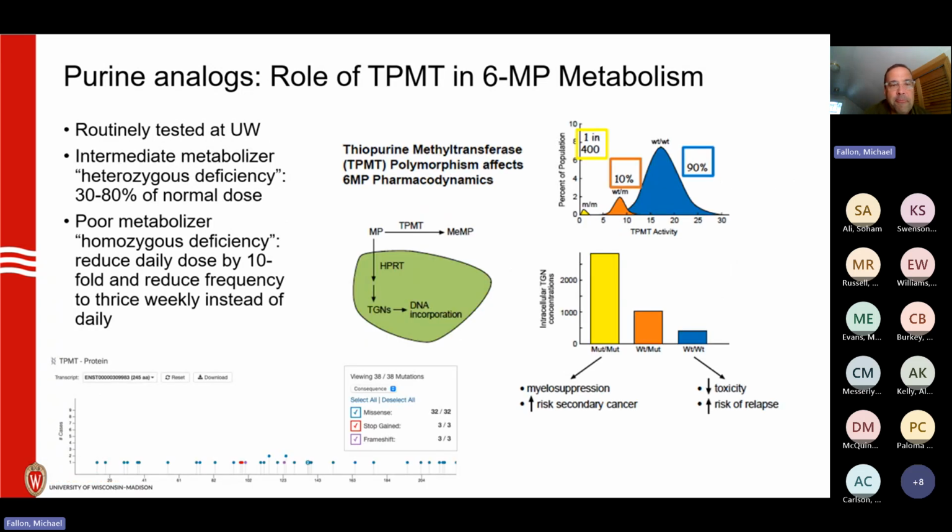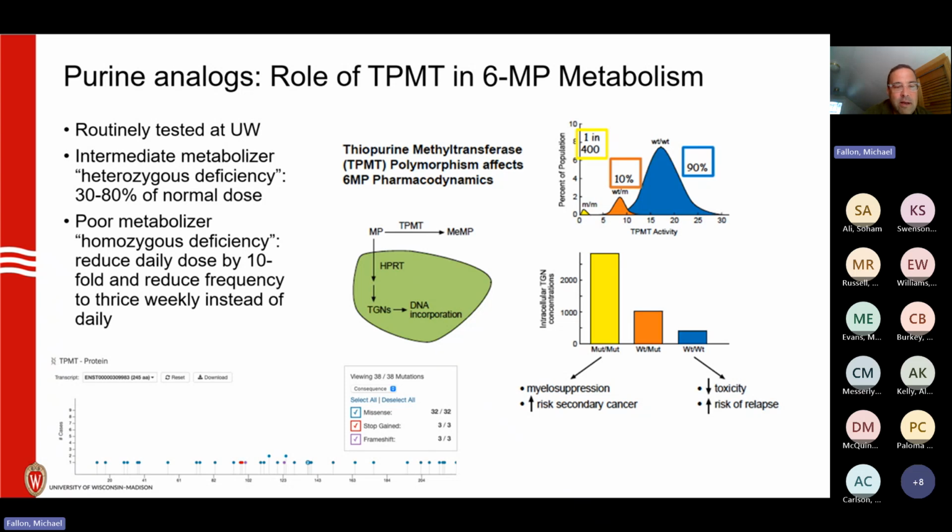So it's TPMT. There's intermediate risk here. This is a genetic component that's a safety issue. Poor metabolizers need to have their dose of 6-MP reduced tenfold. We check this polymorphism for every single patient that we give it to. You can see in the lollipop diagram on the bottom that there's a lot of variance for TPMT.